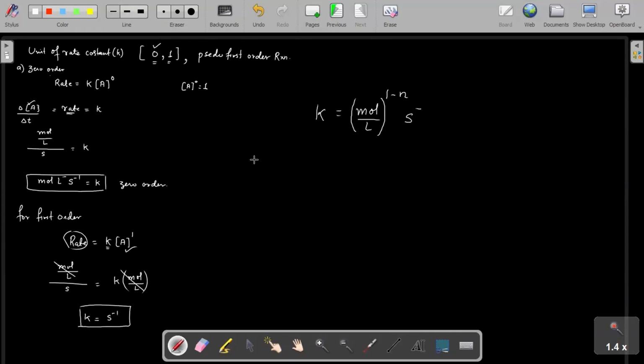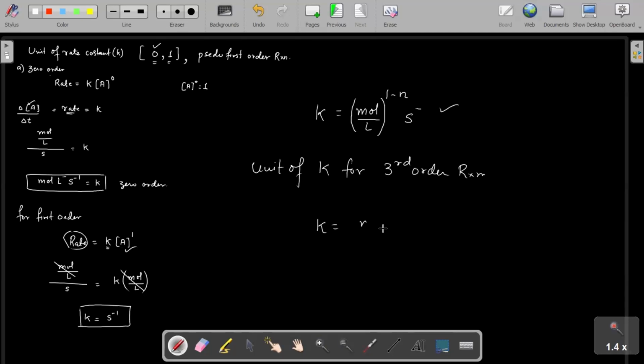Suppose I have to find the unit of K for a third order reaction. We are not going to calculate through this long method. You can remember this formula and directly apply.